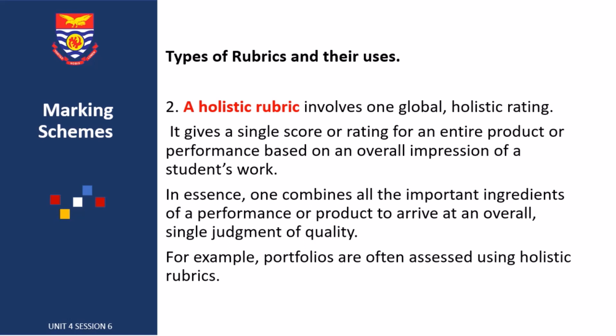Holistic rubrics are usually more useful for summative and also large-scale assessment, where the overall performance is actually needed. When the overall performance is not needed, we don't need the holistic one. We only need the analytic. But once the overall performance is needed, we have to go in for the holistic rubric.